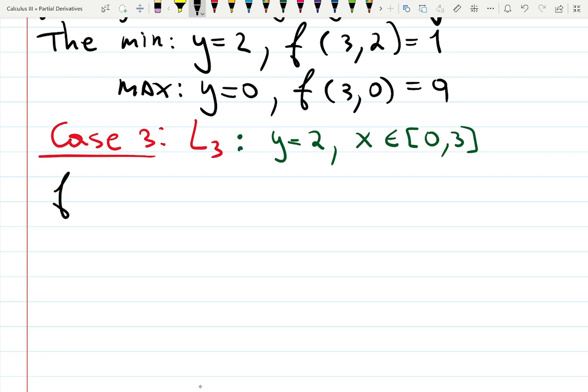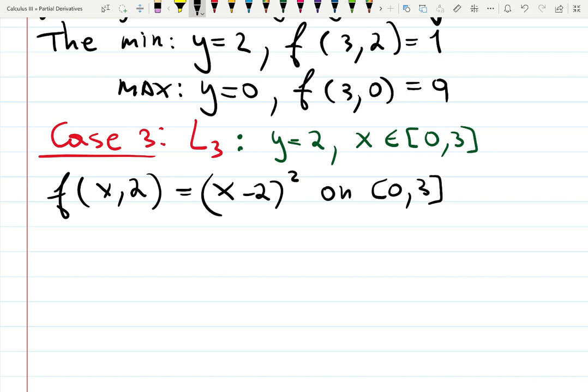Repeating the whole process, f of x comma 2, I will skip the calculation, gives me x minus 2 squared. There's a full square going on 0 and 3. Now, same thing, we need to minimize and maximize that.